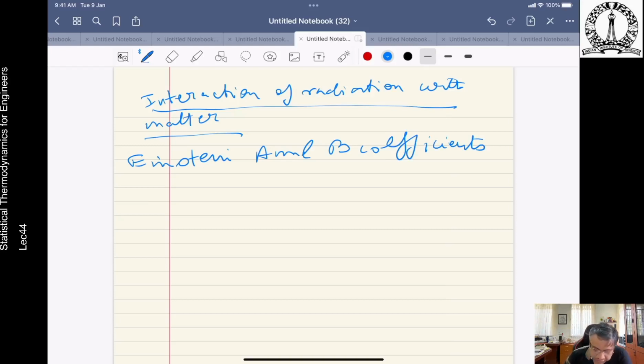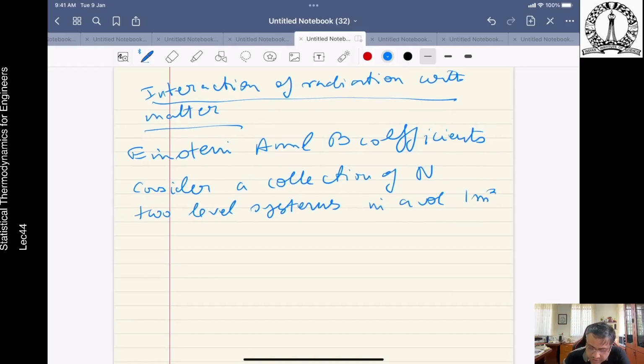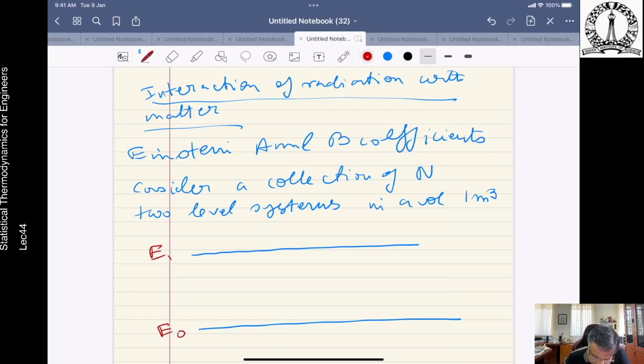The first consideration is a collection of particles in two-level systems, say in a volume of 1 meter cube, where the upper energy level is E1 and the lower energy level is E0. So these are the two energy levels, E1 and E0.